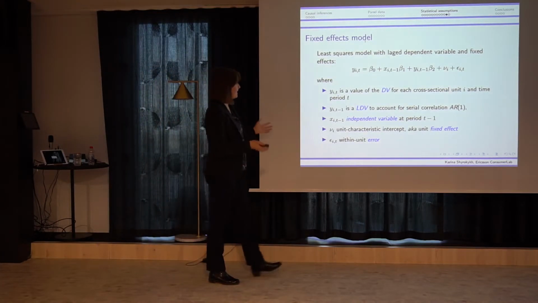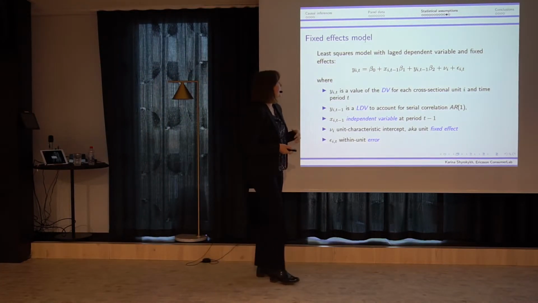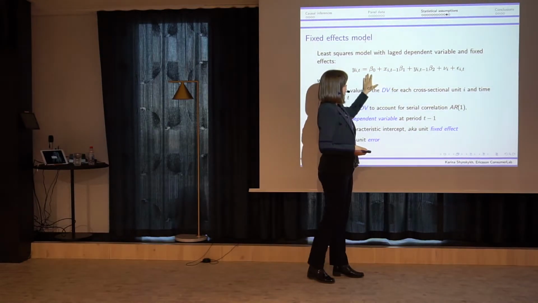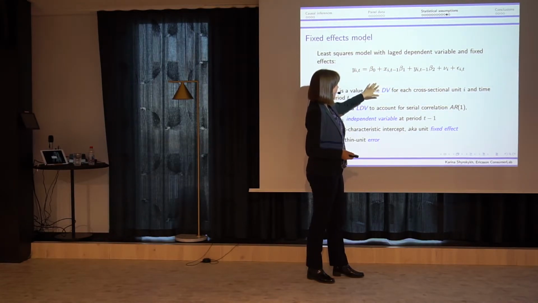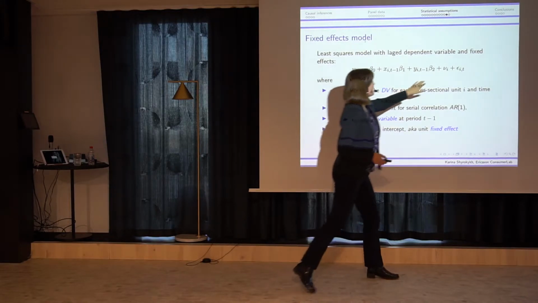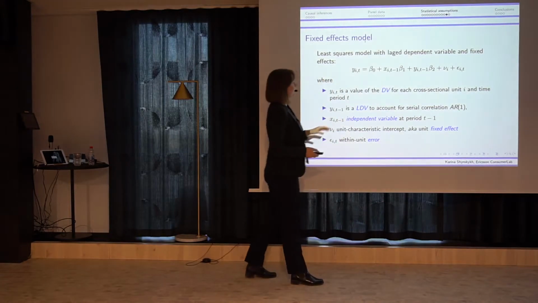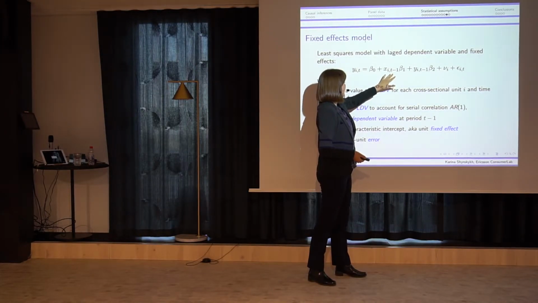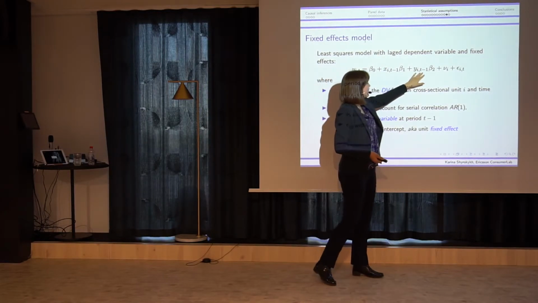That's how a simplified version of a least squares model would look. We basically have fixed effects here. So that's how you have it in the model, right? And you could also have, with fixed effects and autocorrelation, lagged dependent variables.